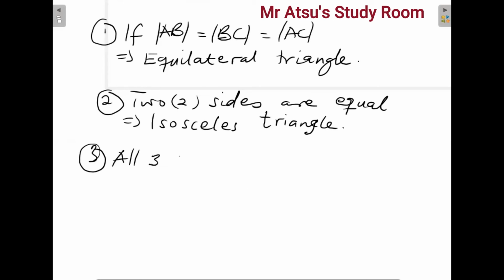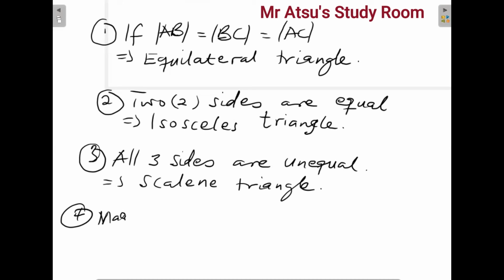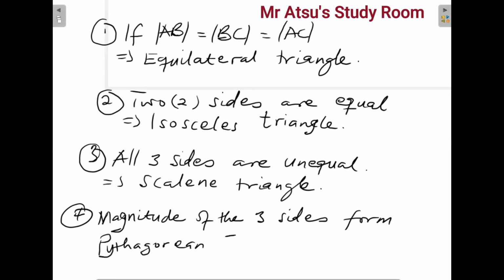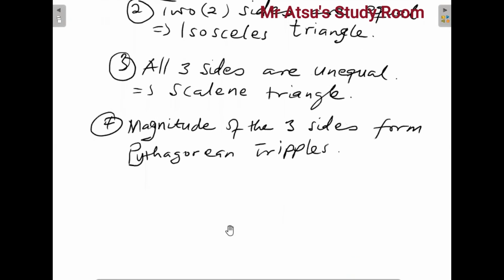That is not the only thing we can pick from this formula or from this calculation. Also, if after calculation the length of our three sides form a Pythagorean triple, then we can conclude that our triangle is a right-angled triangle.